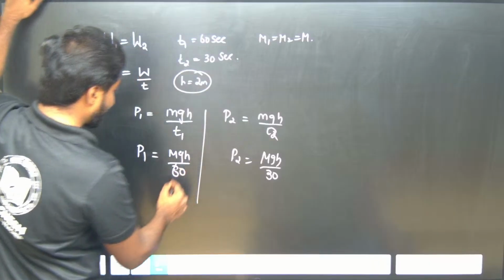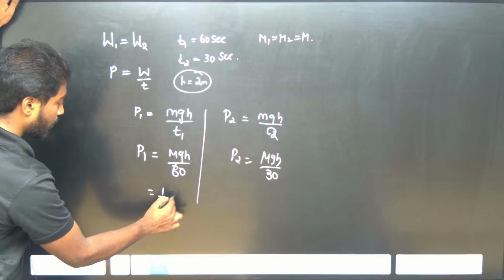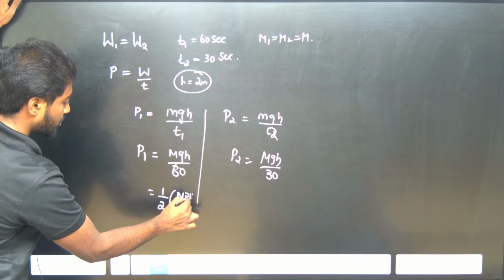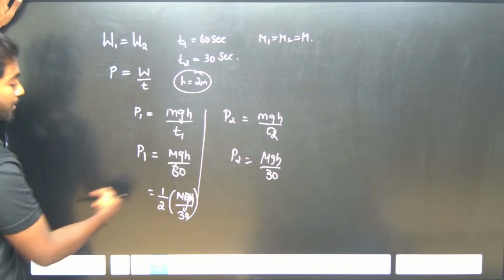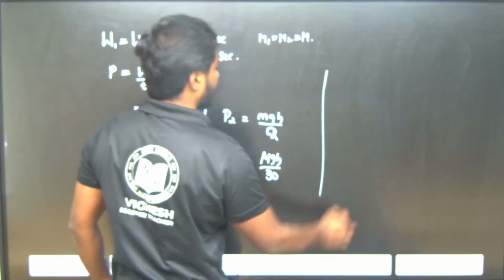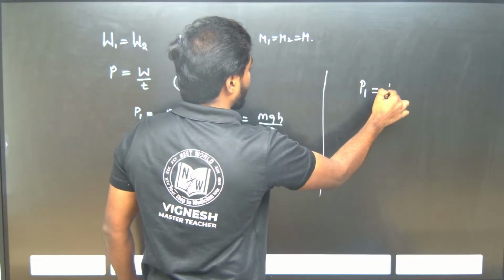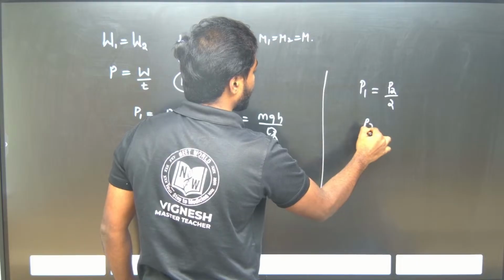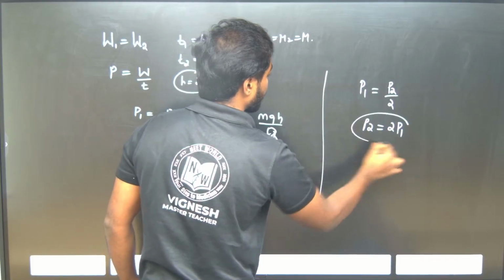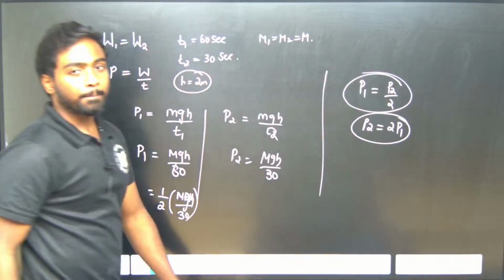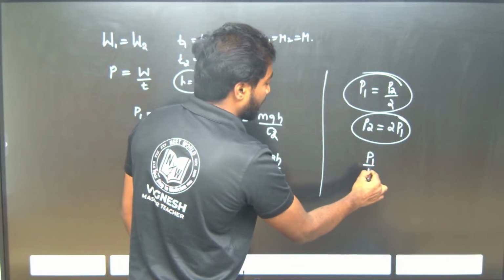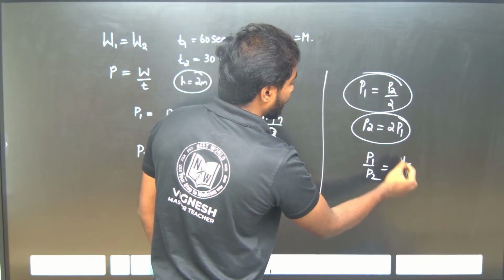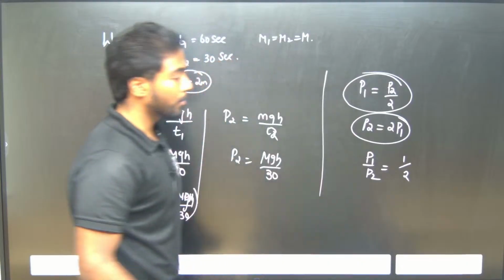So I can say this is 1 by 2 into mgh by 30. What is mgh by 30? It is P2. So can I say that P1 will be equal to P2 by 2, which is nothing but P2 is equal to 2 times P1, right. Or I can say like this also, P1 by P2 will be equal to 1 by 2.